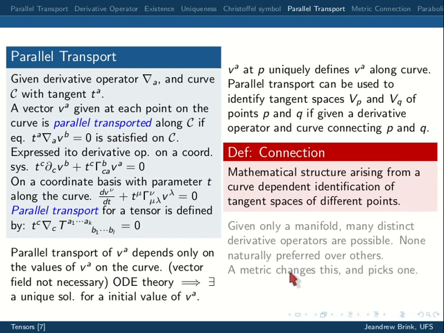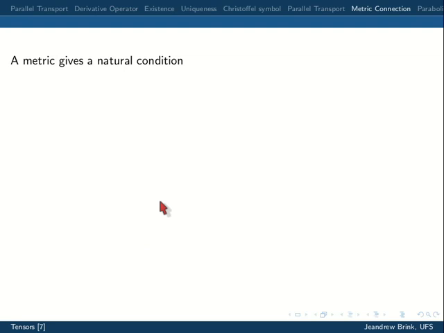And the way you specify this is because a metric naturally defines an inner product. And remember, we used the inner product to specify what these gamma things were when we changed them. So let's see how it happens and how, in fact, we compute these things if we have a metric. What the metric does is give a natural condition to impose on parallel transport.